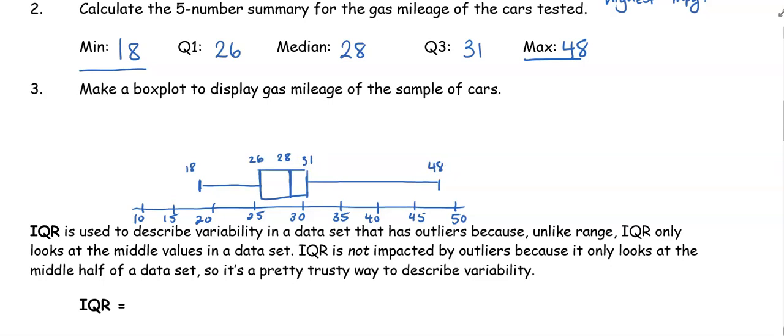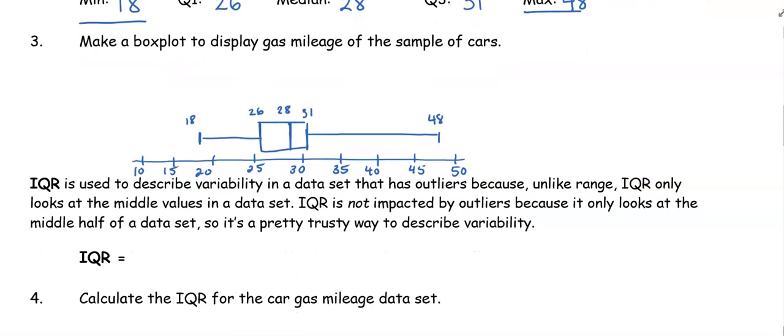What we're going to do is try to figure out outliers, and we are going to have outliers today. The IQR is used to describe the variability in a data set that has outliers, because unlike the range, our IQR only looks at the middle values of the data. Remember, those outliers are values so atypical for our data that they're skewing our data set.